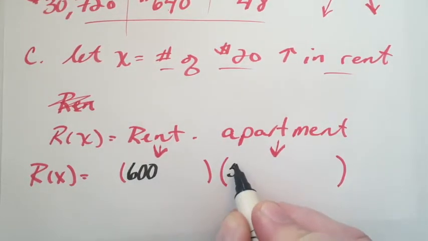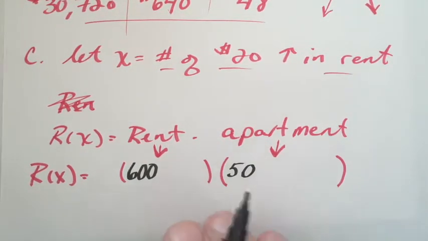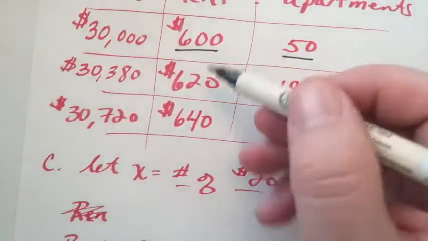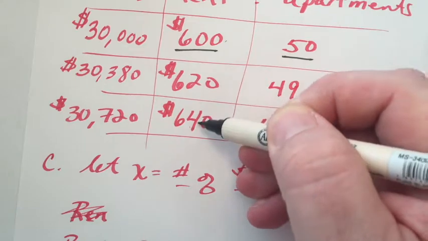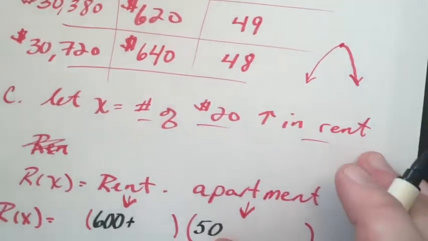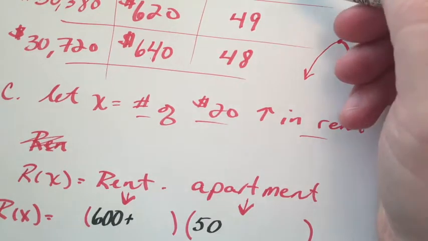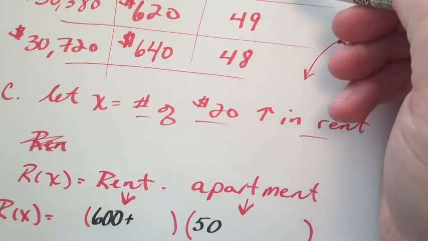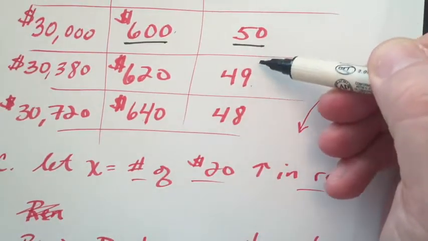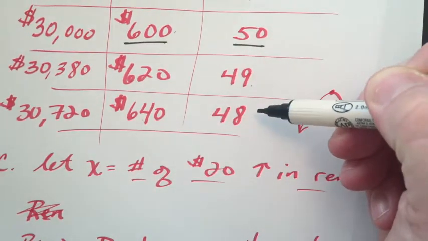And then we need to determine, are we going to add or subtract from each of those bases? In the case of rent, rent was going up, so we'll put an addition sign. In the case of the number of apartments, as X increased, or the number of $20 increases came along, we were having one less apartment every time.